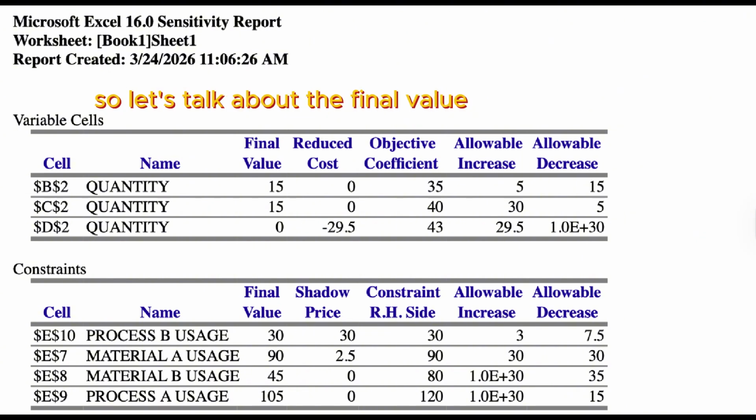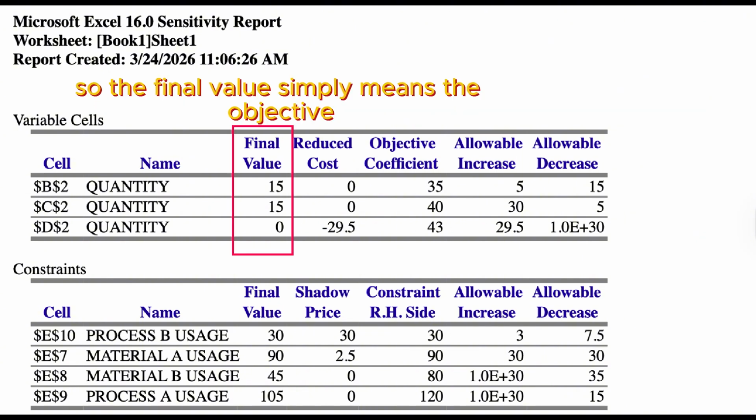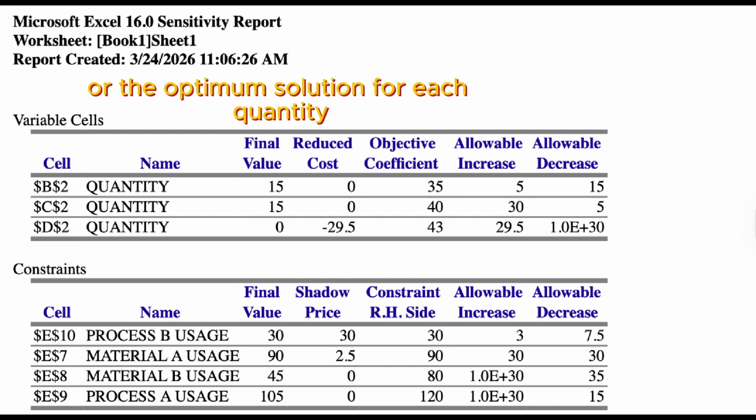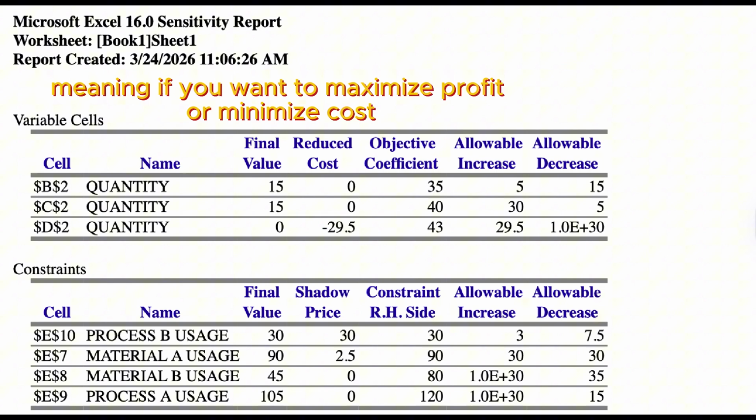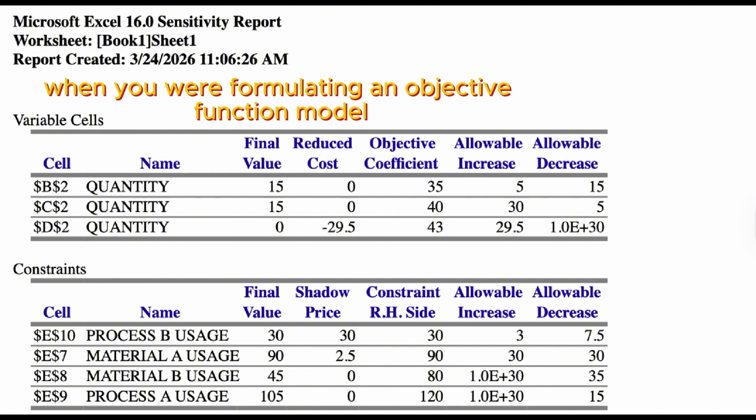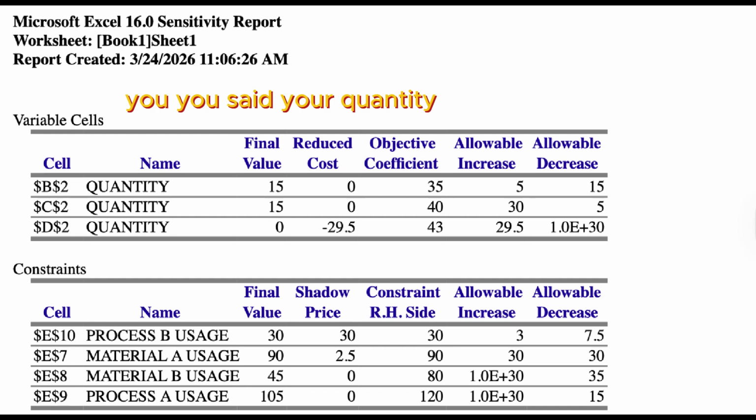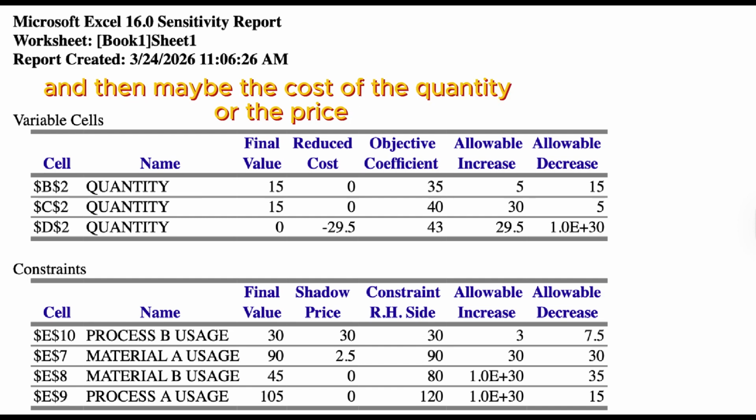So let's talk about the final value. The final value simply means the objective or the optimum solution for each quantity, meaning if you want to maximize profit or minimize cost. When you were formulating an objective function model, you had your quantity and then maybe the cost or the price of the quantity.